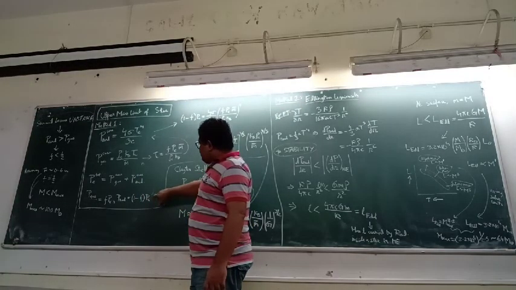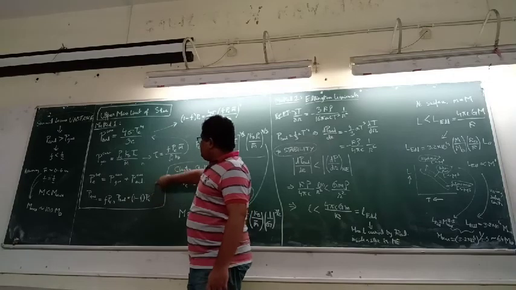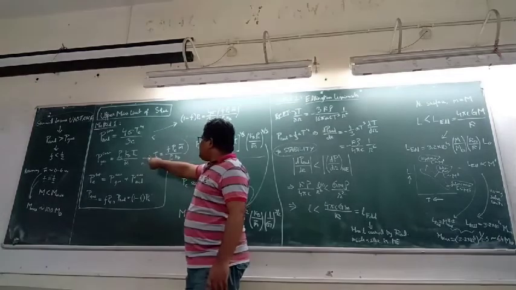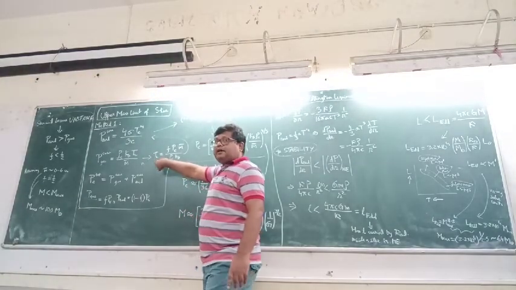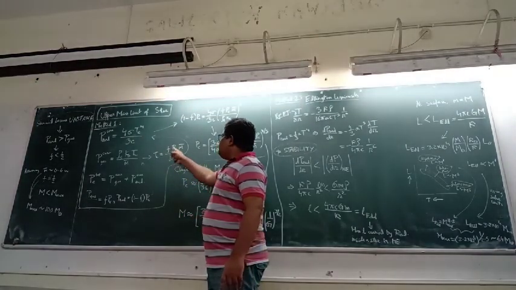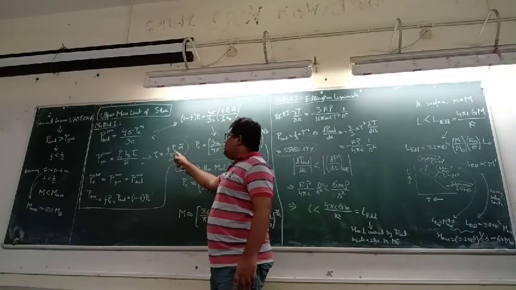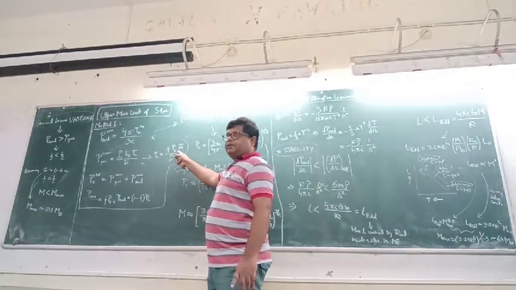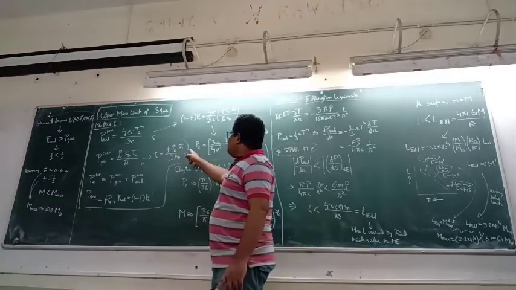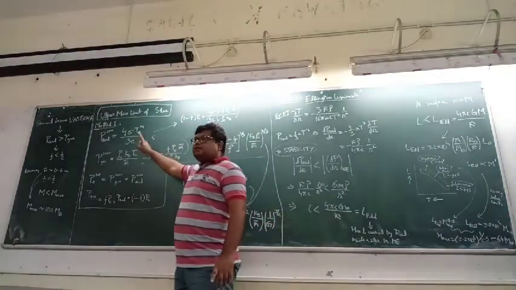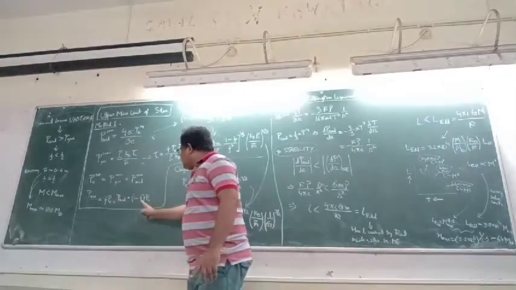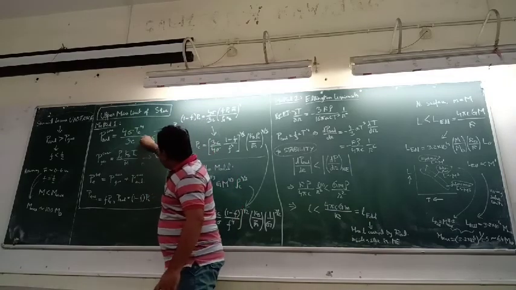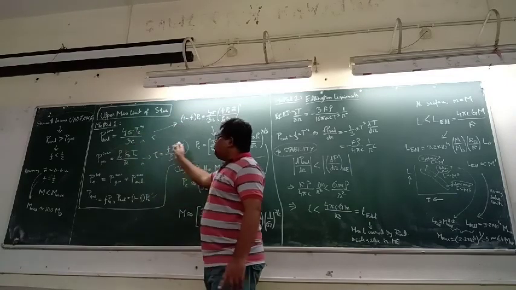After that, if we use this result for gas pressure, then I can write the central temperature in terms of f and Pc. Here gas pressure is not there, so f and Pc are there. Next I am going to use this result and this result as well, the two of them together.